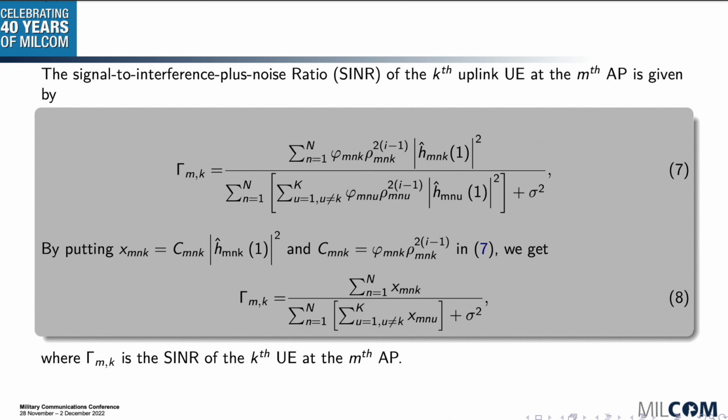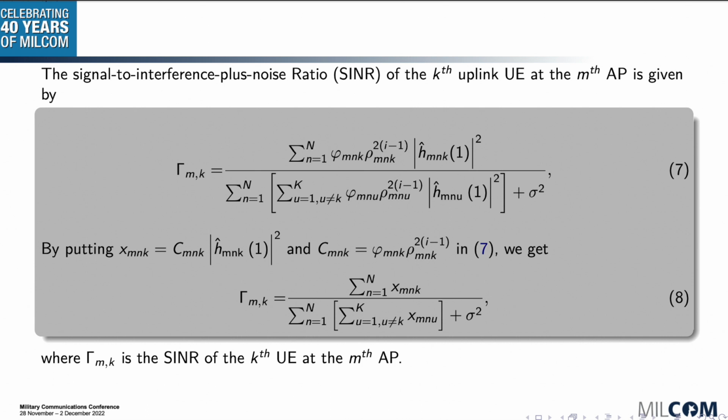In the numerator we have the desired signal part at the kth UE, and in the denominator you can see u equal to 1 to K, where u is not equal to k. So the desired signal at the kth UE is on top, in the numerator, and in the denominator is all the interference other than the signal of that particular k, along with the noise, which is sigma squared.